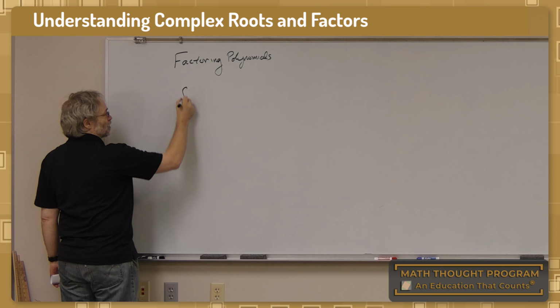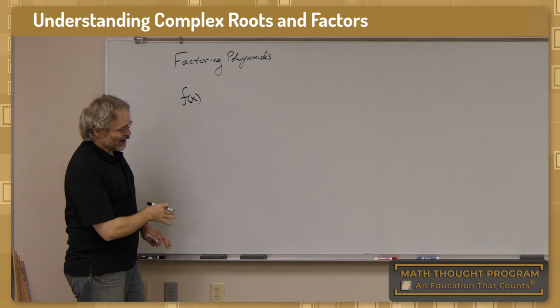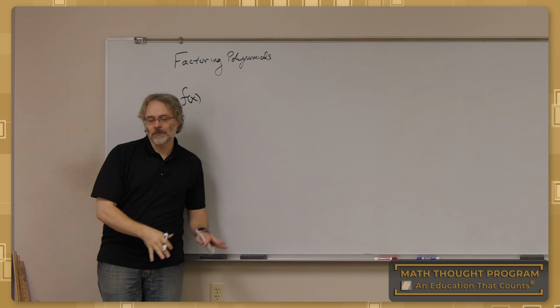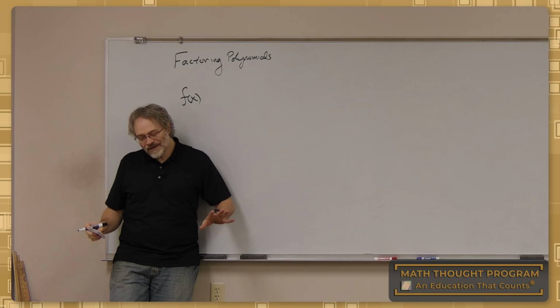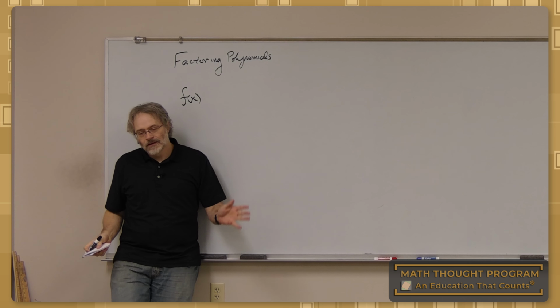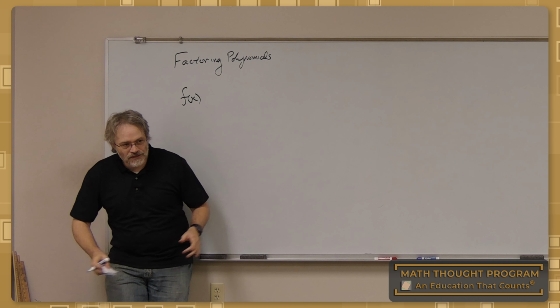Let's say I have f of x, and again, it's going to be a polynomial, and I'm not going to tell you what the polynomial is, but I'll tell you what it does. And I'll give you a little bit more information too. It's a polynomial with real coefficients.